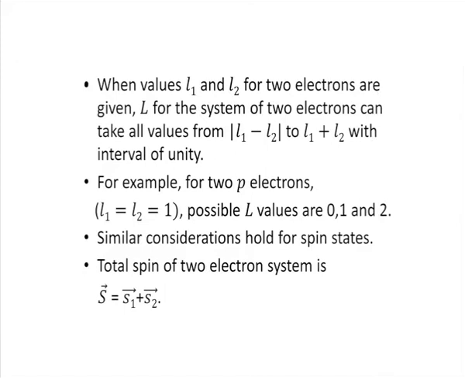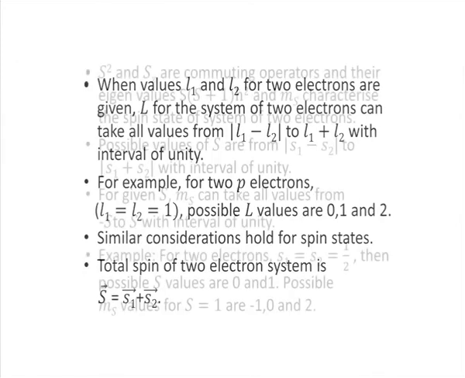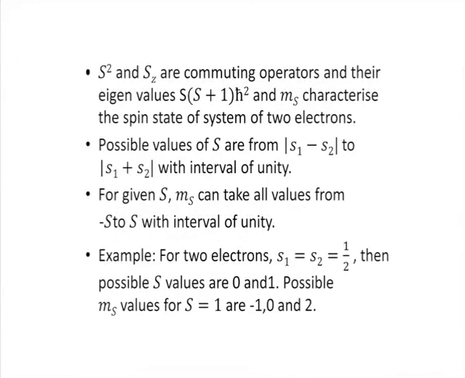Similar considerations hold for spin states. Total spin of 2 electron system is S is equal to S1 plus S2. Now, again S square and Sz are commuting operators and their eigenvalues are S into S plus 1 h bar square and Ms, which characterize the spin states of the system of 2 electrons. Possible S values are mod of S1 minus S2 to S1 plus S2 with the interval of unity.